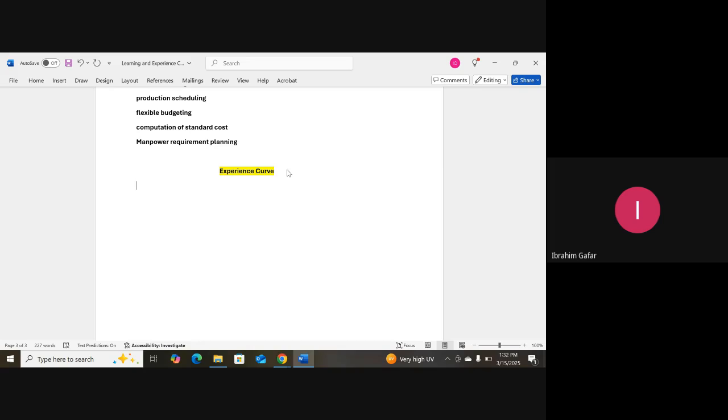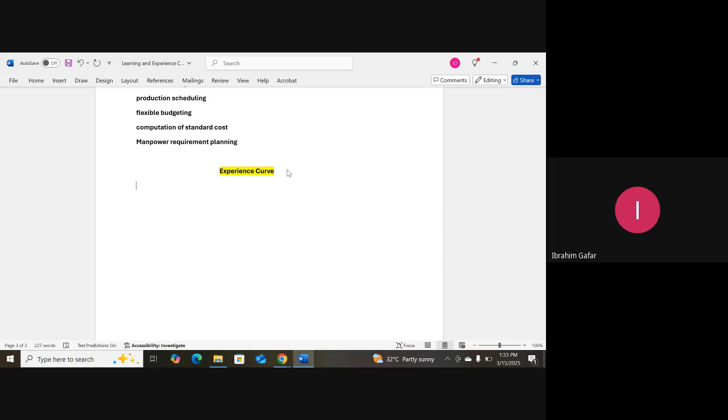But in the case of the experience curve that I want to discuss now, the experience curve covers all costs. And yet, they are very similar in percentage terms to the learning curve. That's what I said in the first instance, that they are similar, just that the experience curve covers all costs.